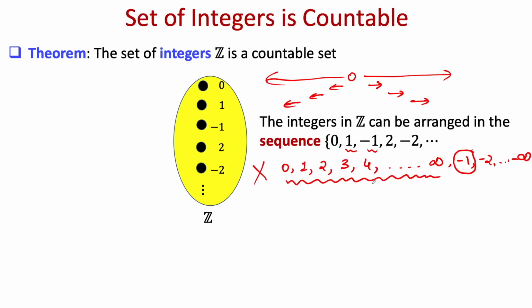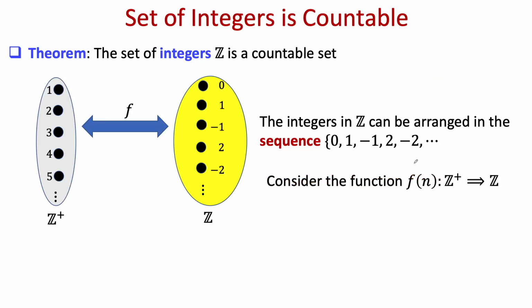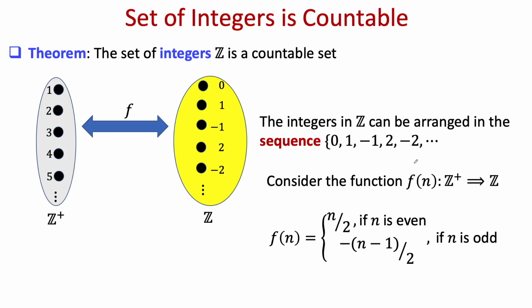Whereas the listing that I have considered here, where I first enumerate all the positive integers followed by all the negative integers, is not a valid sequence. Now if you want to see an explicit bijection between the set of integers and the set of positive integers, consider the following mapping.